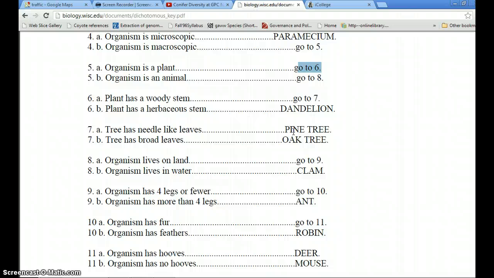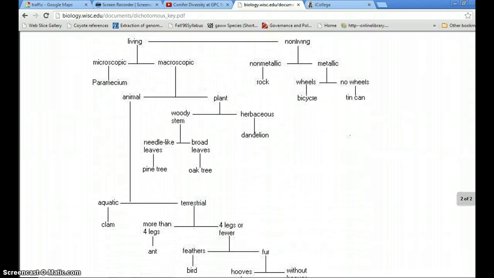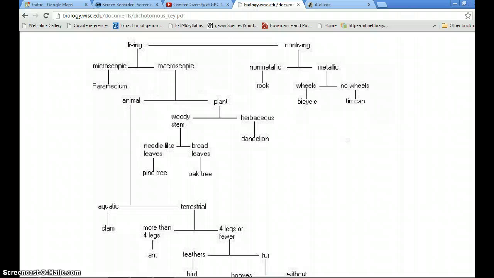questions that end up allowing you to identify it. Another way to look at these dichotomous keys is diagrammatically, and this is just a graphical decision tree showing the same thing. The first question was living versus non-living. And then the non-living ones, if it was non-metallic, well, it must be the rock. If it's metallic, then does it have wheels or no wheels? Wheels, it's a bicycle. No wheels, it's a tin can.